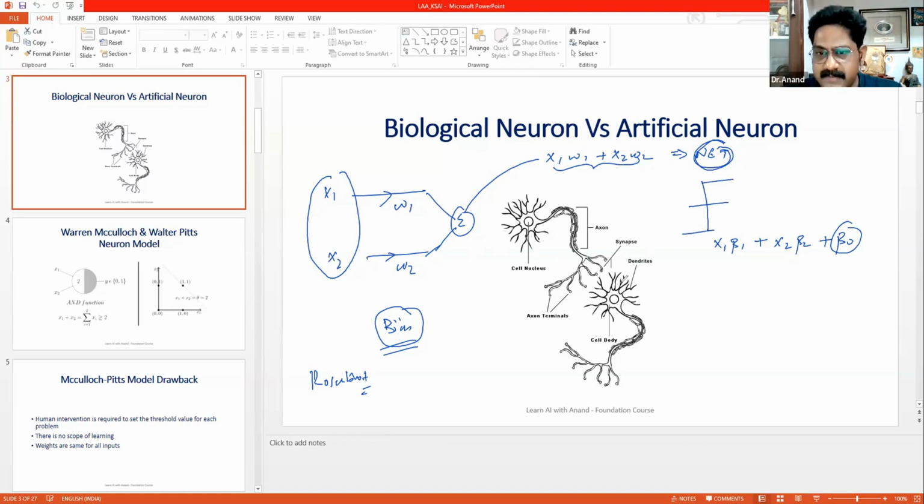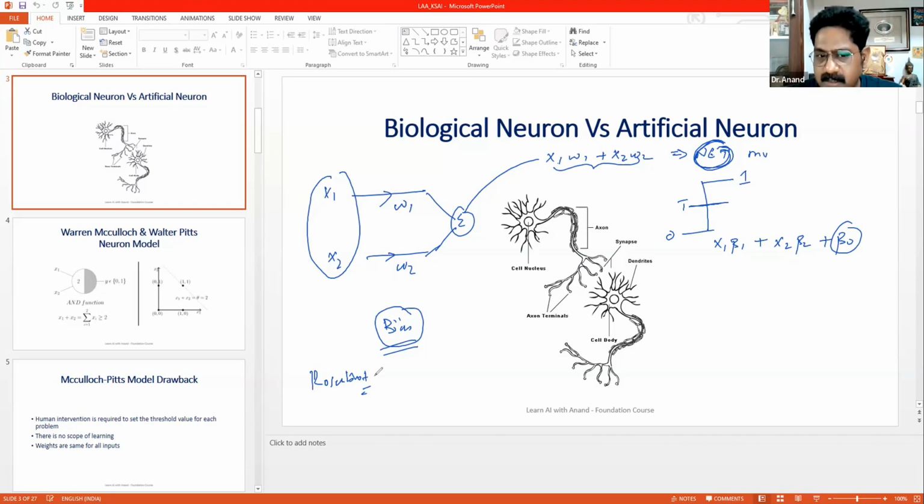Since they demonstrated this using hardware circuitry, the net is like a continuous output voltage, say some millivolts. The moment your output crosses a certain value, they made it on. If it is not crossing a particular threshold, they made it off. This is called a hard threshold.